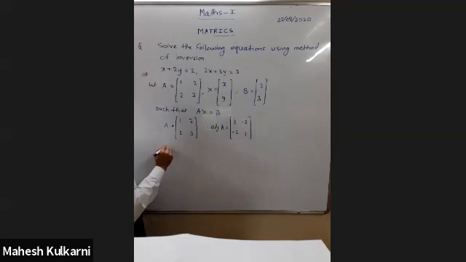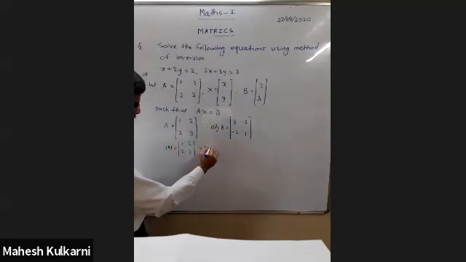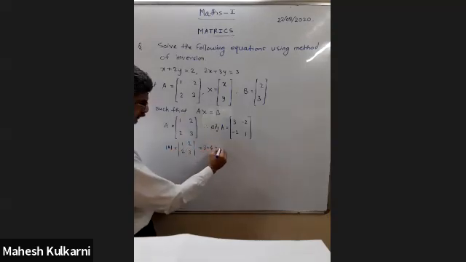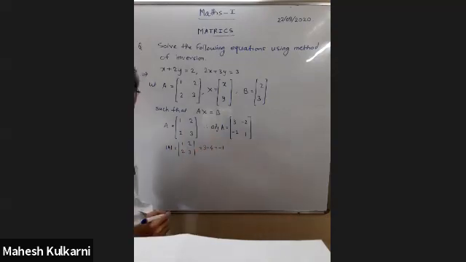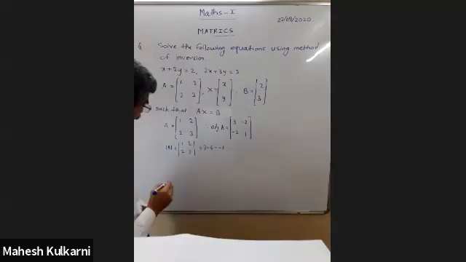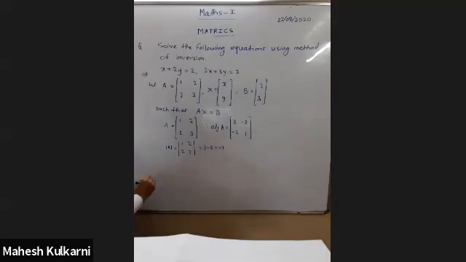Now find the value of the determinant of A. Now this determinant is 3 minus 4, and that is minus 1. Got it? Now by definition, A inverse.